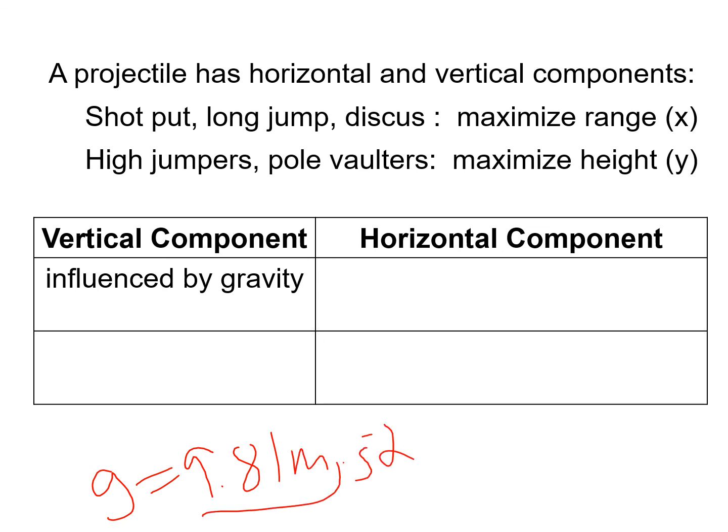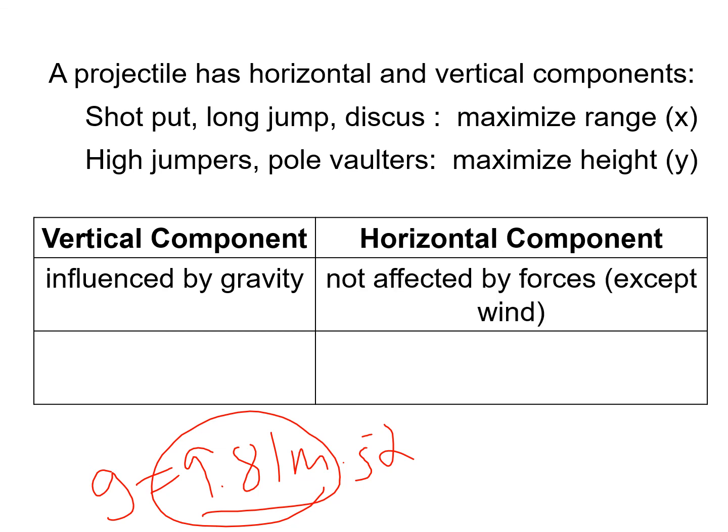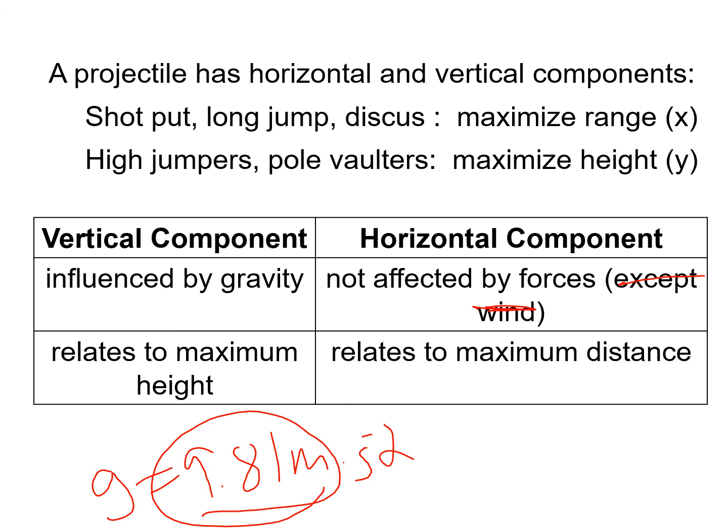It's always this on Earth, or you can use 9.8 because the difference is insignificant. Our horizontal component is not really affected by forces except wind, but we are not considering those for this class. The vertical component relates to the maximum height of an object or system. The horizontal component relates to the maximum distance of an object or system.